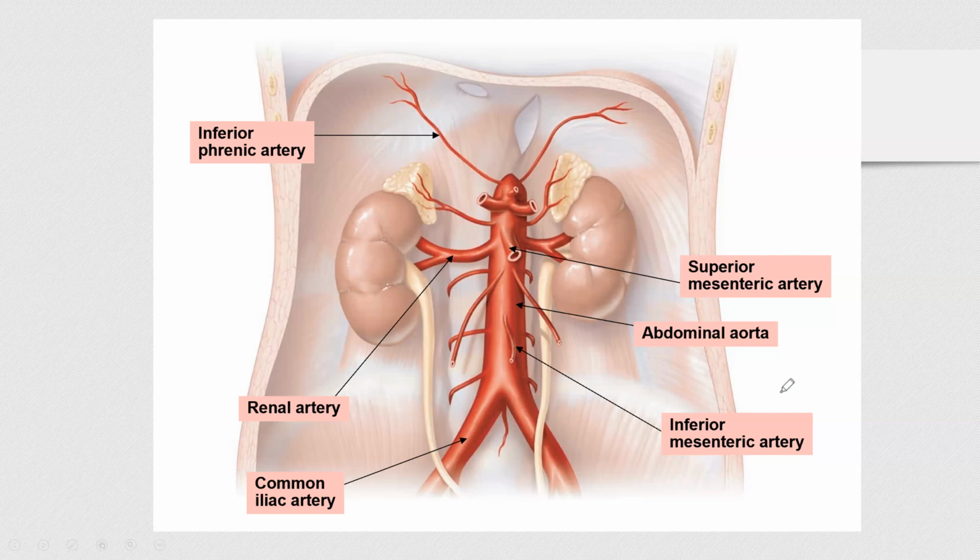Superior and inferior mesenteric arteries carry blood to the small and large intestine. Right, what else do we have? We have renal arteries, this one and that one, and you see lots of branches over here.